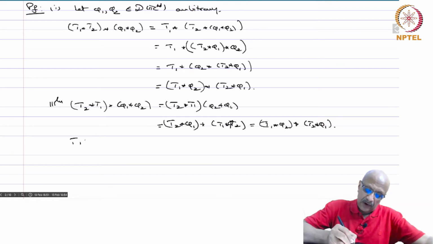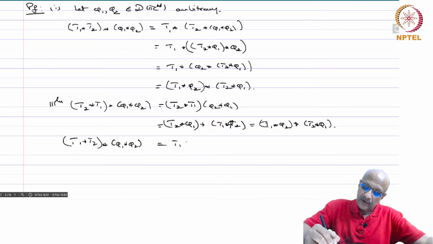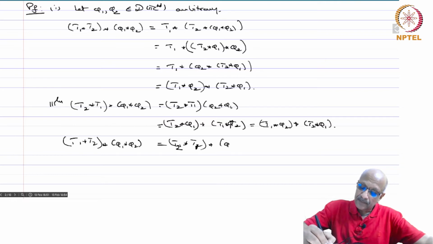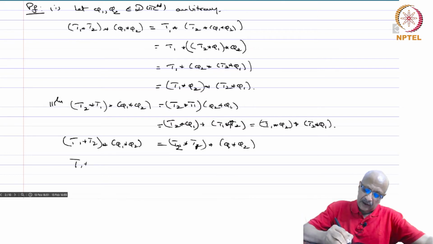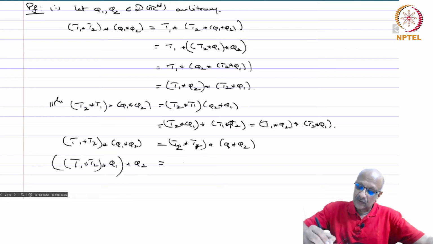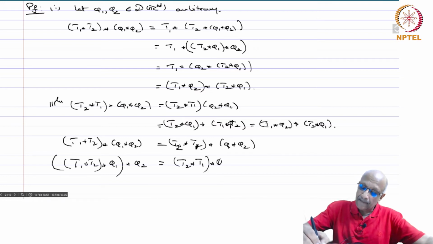So we have (T1 star T2) star phi 1 star phi 2 equals (T1 star T2) star phi 2 star phi 1, equals (T2 star T1) star phi 1 star phi 2. And now this is T1 star T2 star phi 1 star phi 2, again by the associative law which we have proved, T2 star T1 star phi 1 star phi 2.